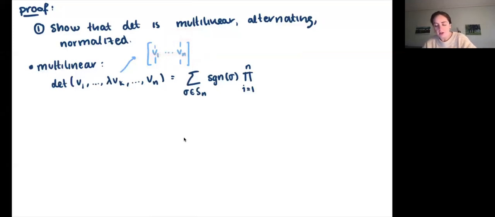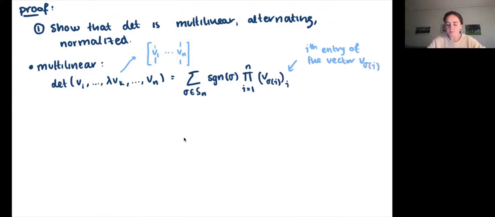That will correspond to taking v sub sigma of i, and then we're looking at the ith entry of v. So this is the ith entry of the vector v sub sigma of i.